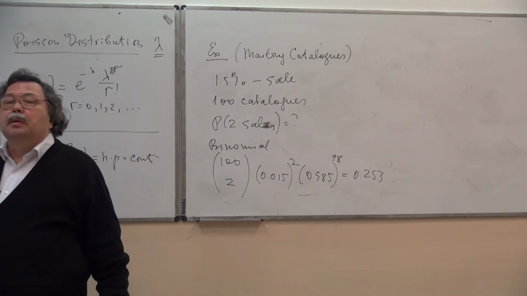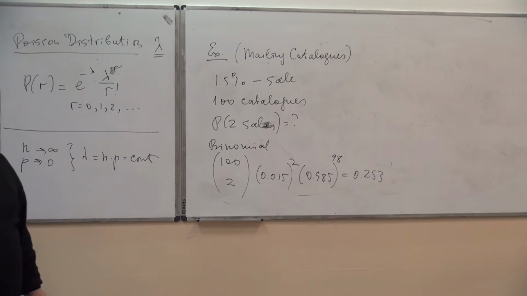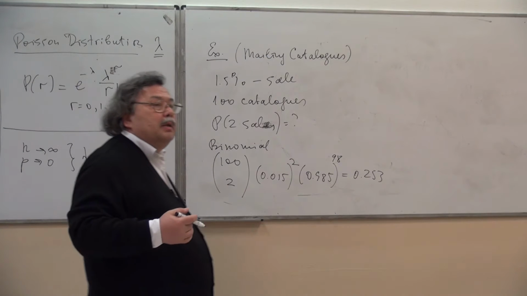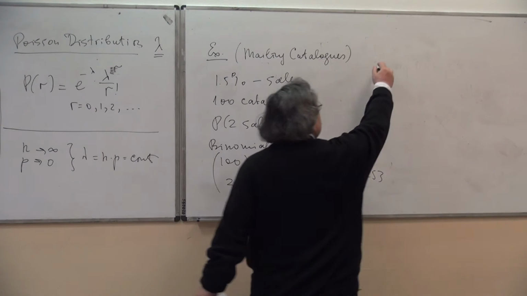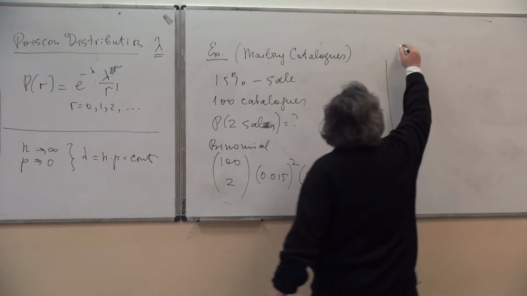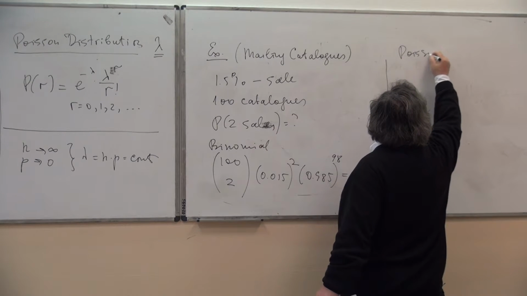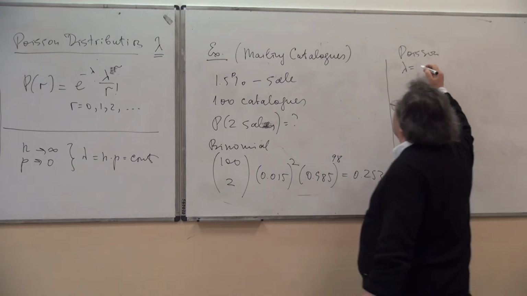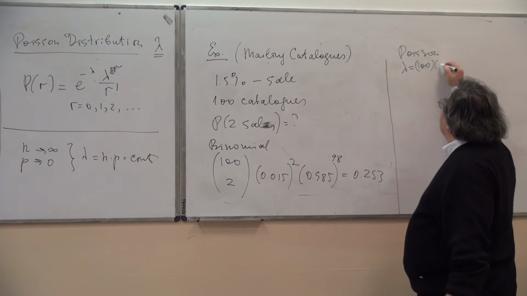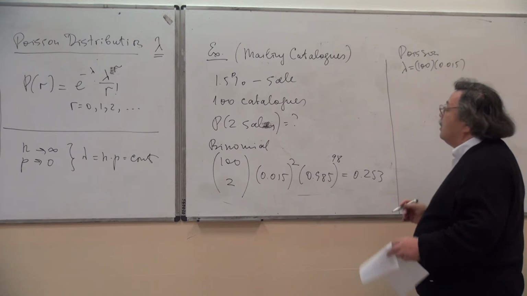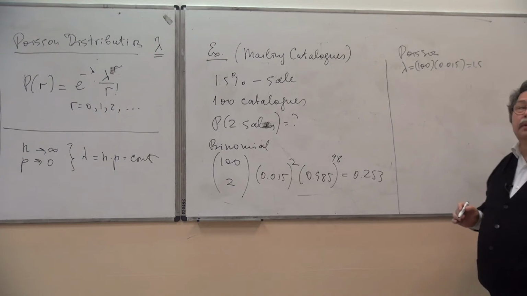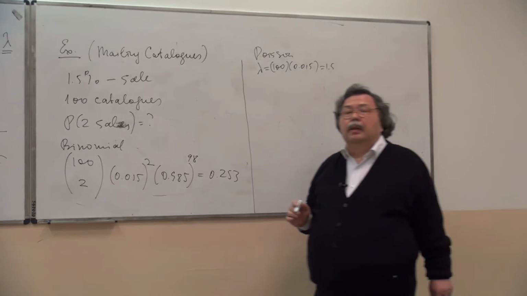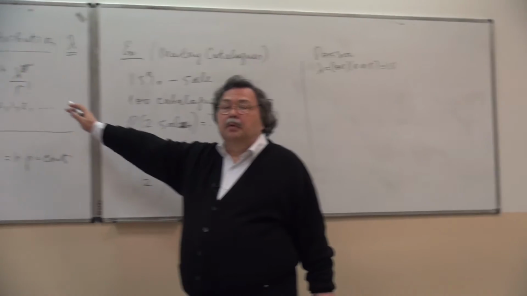How do we use the Poisson distribution as an approximation to this? The only thing we need to compute is lambda, the mean, which is the product of n and p. So lambda is 100 times this, and it's 1.5. Okay. And now we use this formula.